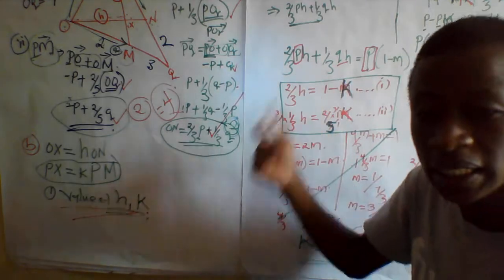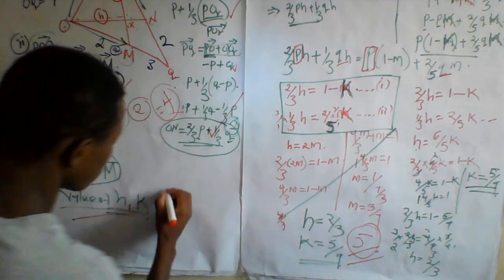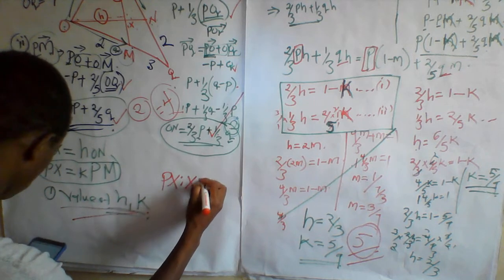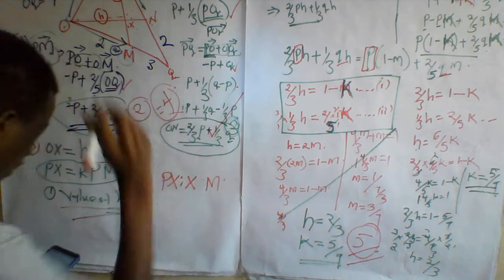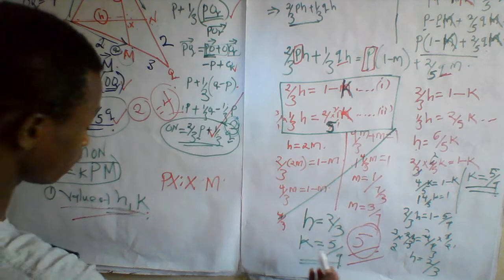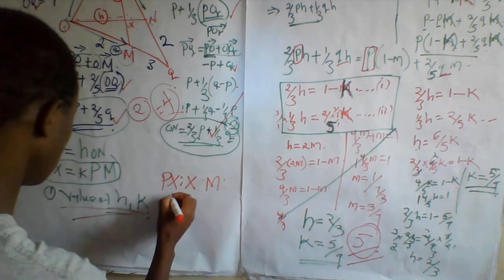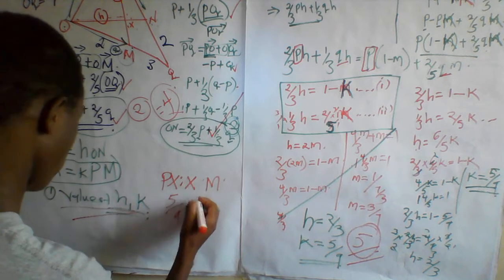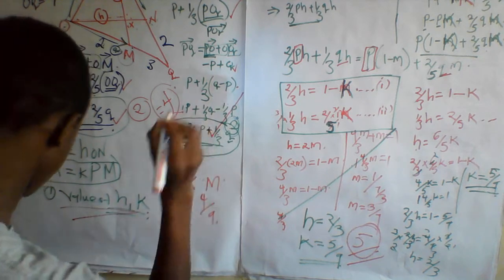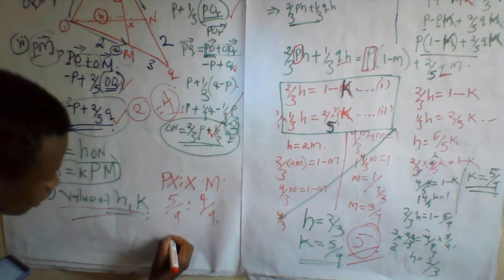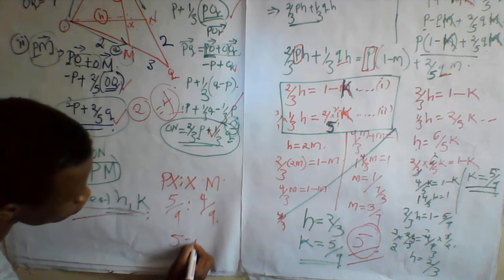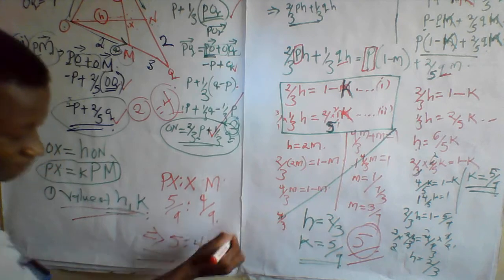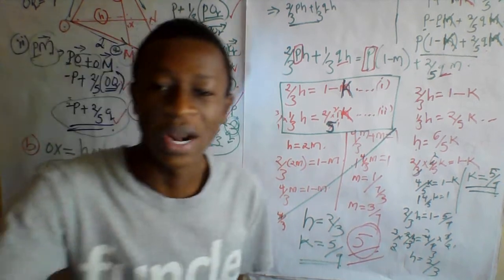You are just asked to determine the ratio px to xm, and you know that px is 5 over 9 and xm is 4 over 9. So the ratio is just 5 is to 4, and that is all about it.